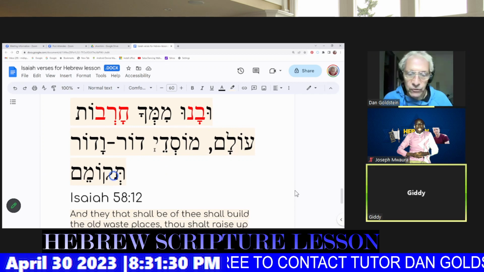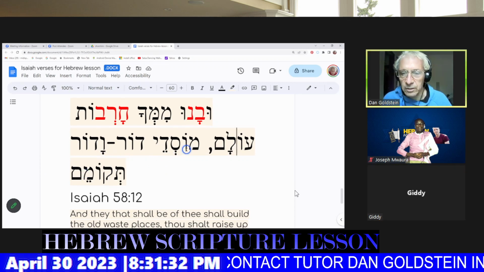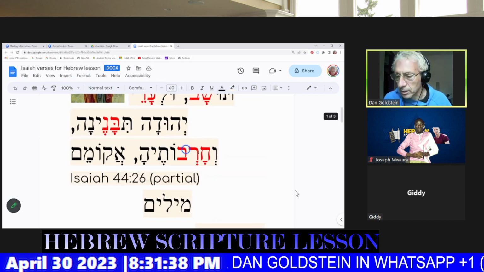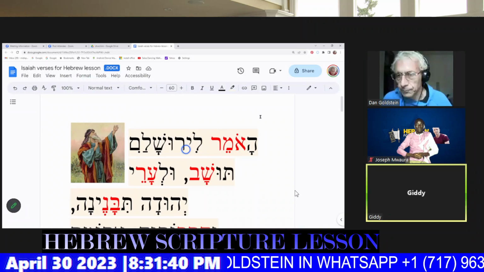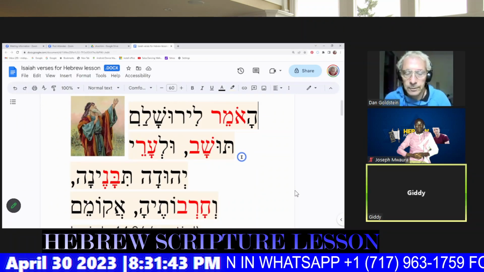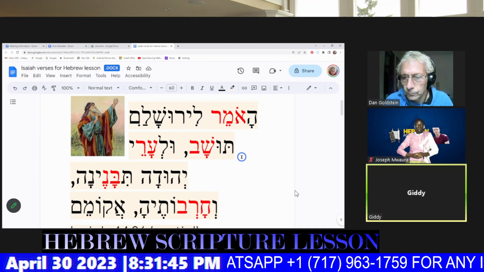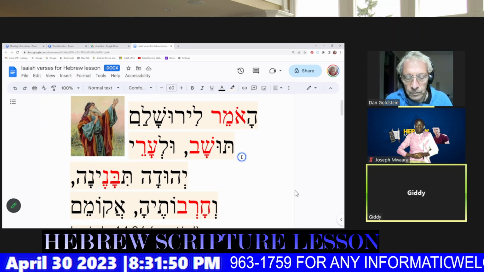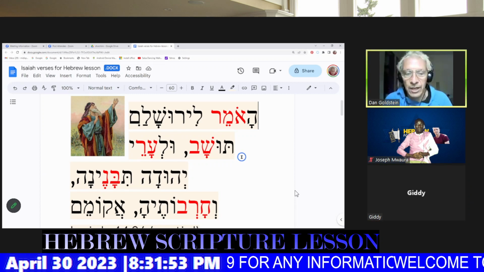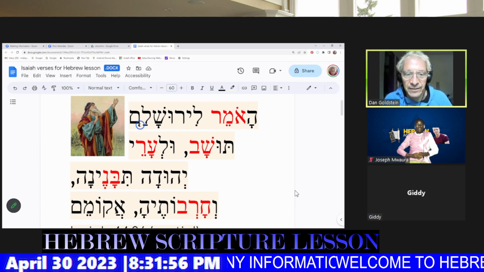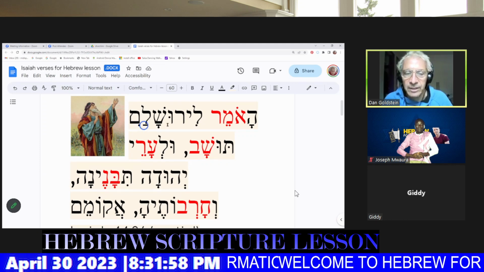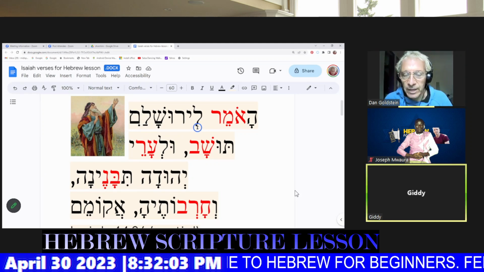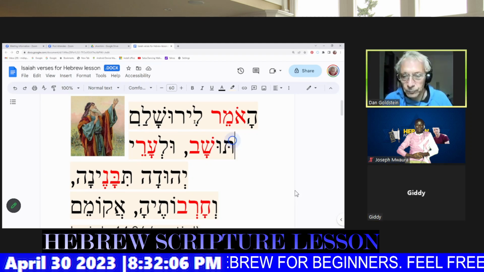Do you want to try reading the two verses, Gideon, just to catch up with us? You can read them and I'll translate for you so we can all enjoy these verses from Isaiah. Ha'omer l'Yerushalayim. Yes, right, Yerushalayim. And that's a mysterious dot in there. It may be it wants to be a chirik, so it would be Lirushalayim. Nice job. Continue. Tushav. Right.